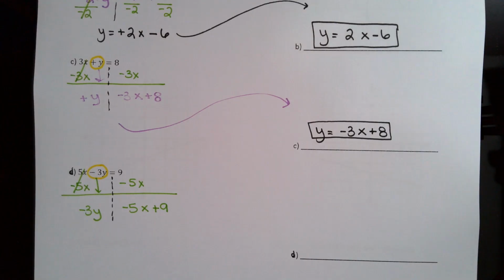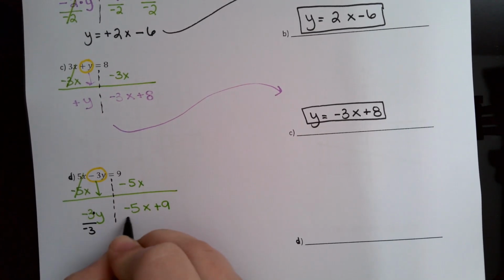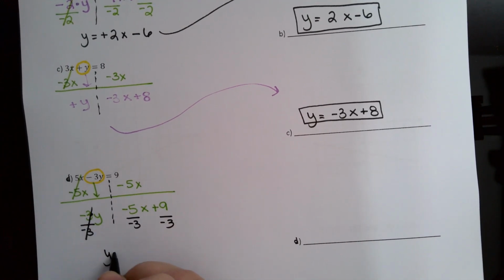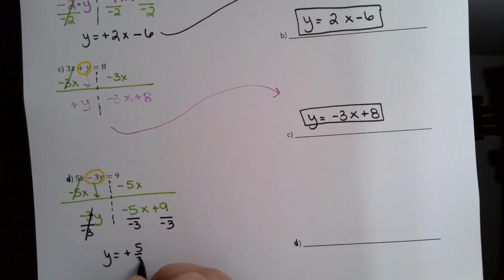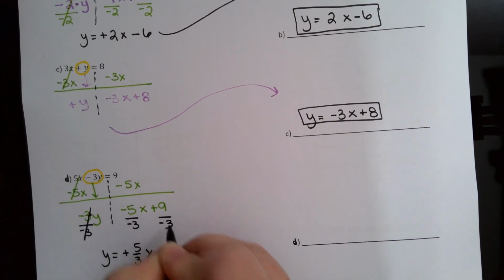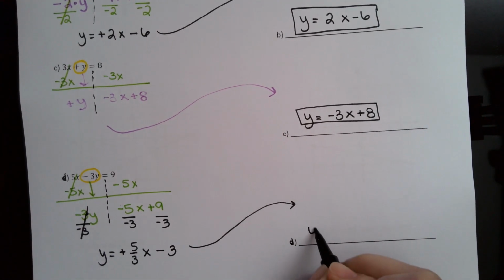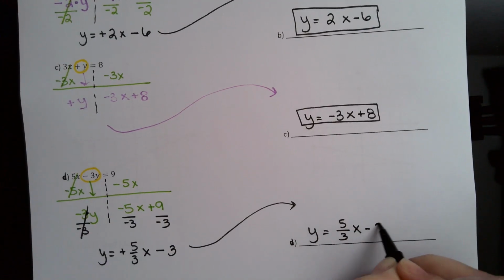Put in your little multiplication dot here. And we're going to divide everything by negative 3. Y is equal, same or different, same. 5 and 3 do not get along, so we're going to keep it. Same or different, different. 9 divided by 3 is 3. Y is equal to 5/3 x minus 3.